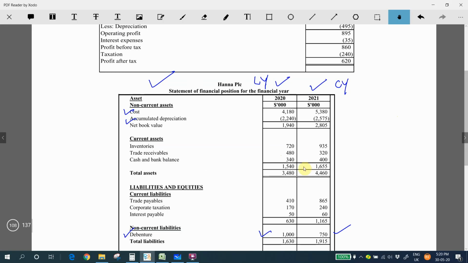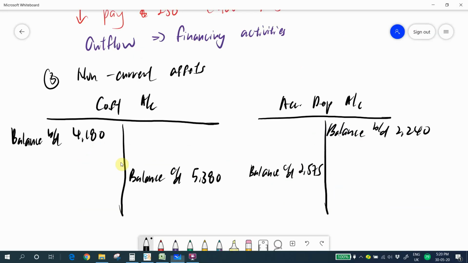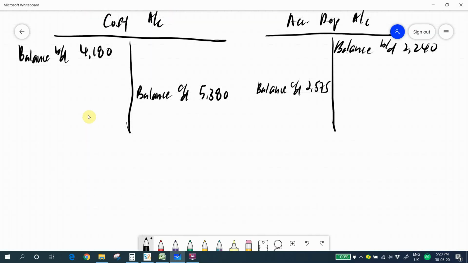So let's look at the additional information. It says that they sold one asset. What is the information of the selling? The cost of the disposed asset is 180,000, and the net book value of the disposed asset is 20.